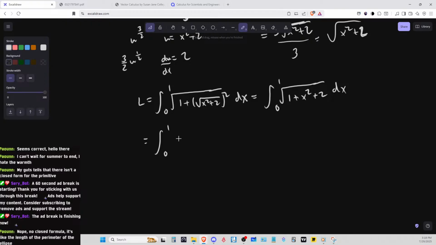Then that leaves us with 3 plus x squared.